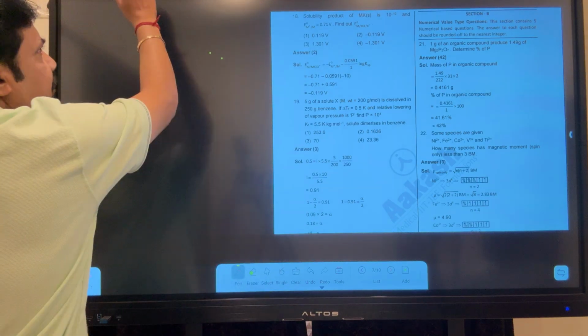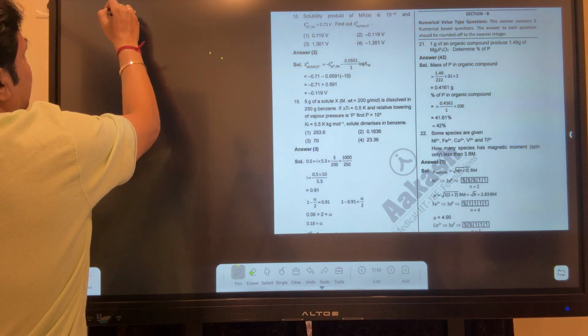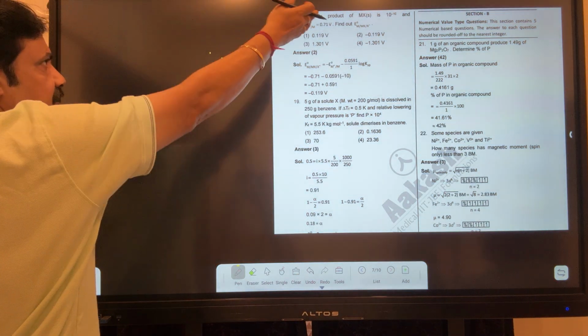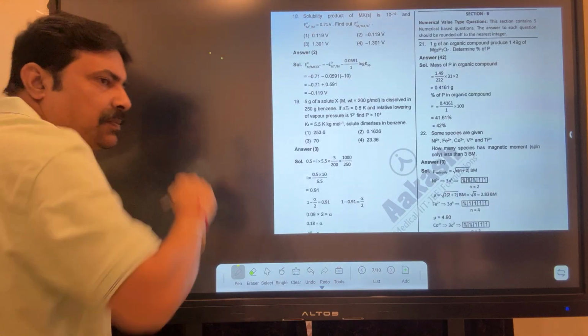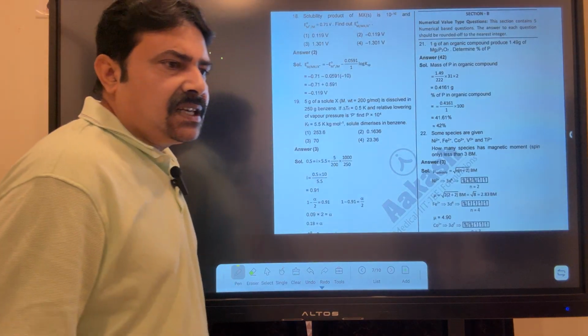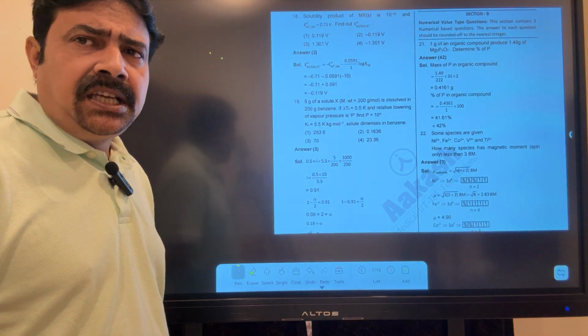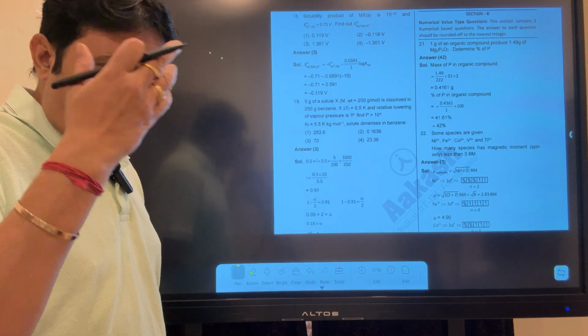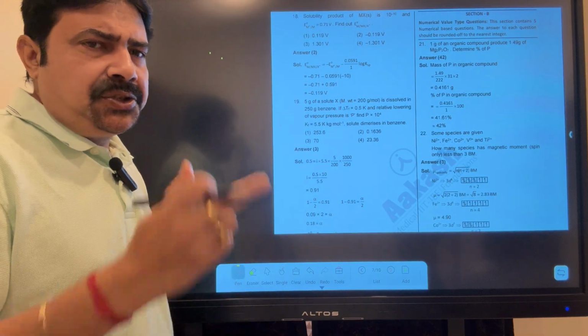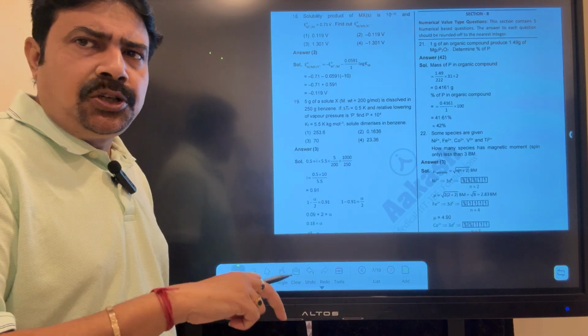Now, first, if I take one galvanic cell, this is an electrochemistry galvanic cell problem. Electrochemistry is essentially the interconversion of energy: chemical energy to electrical energy as well as electrical to chemical.